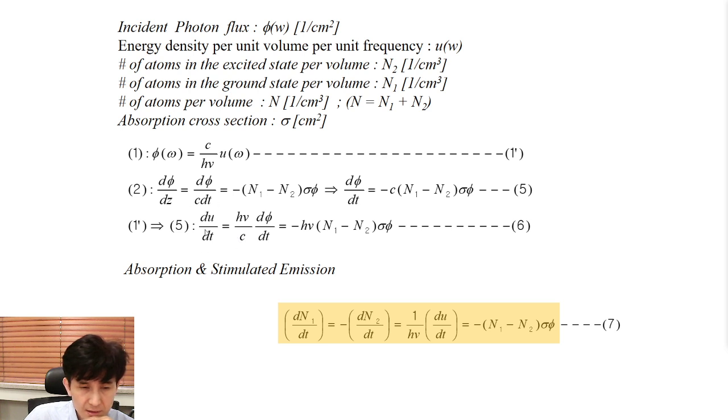And this du over dt describes the variation of the number of photons per volume due to the stimulated absorption and stimulated emission.